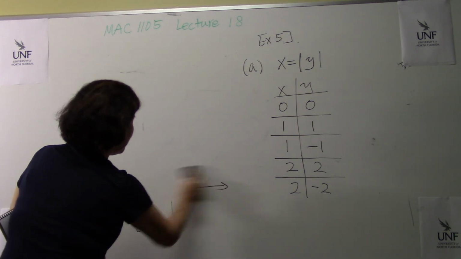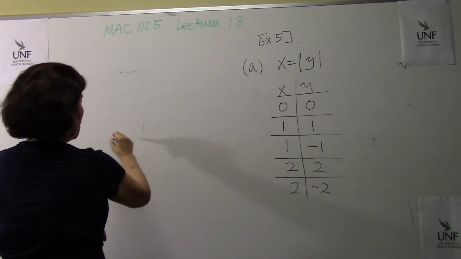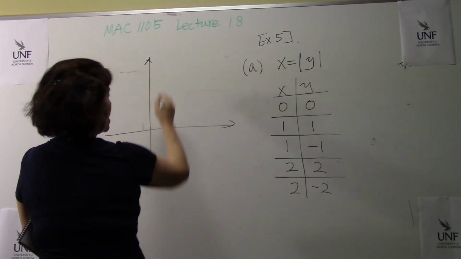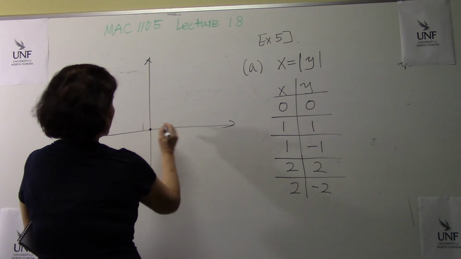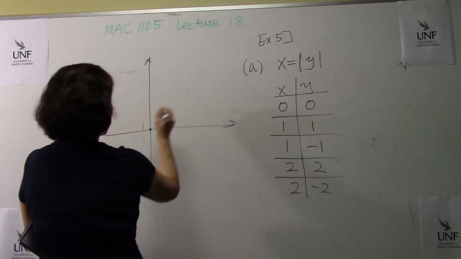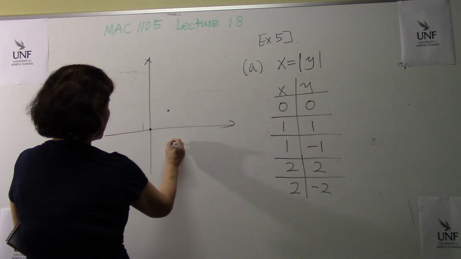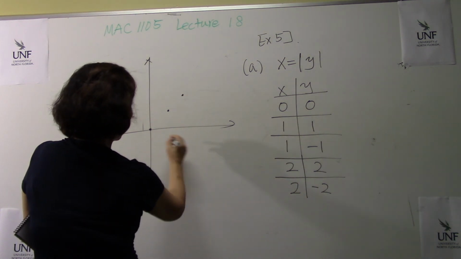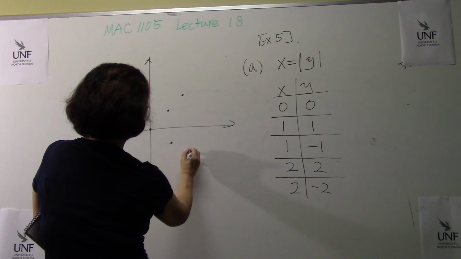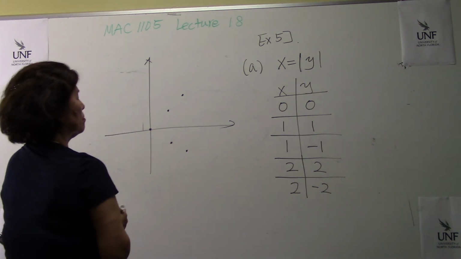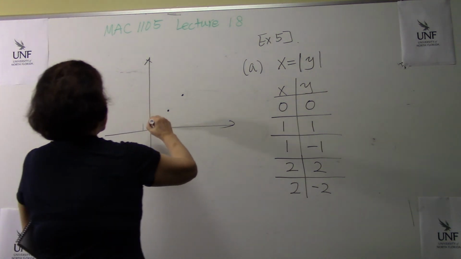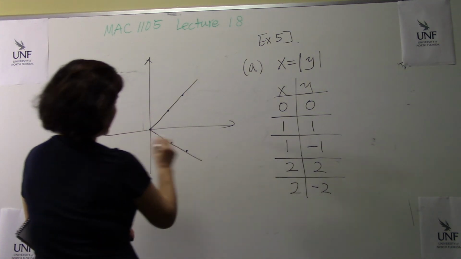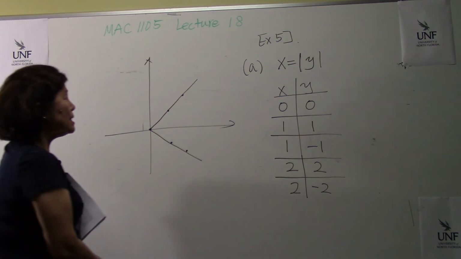What kind of graph do you see over here? The points are 0, 0; 1, 1; 1, -1; 2, 2; 2, -2. The graph is going this way and this way. So this is the graph.